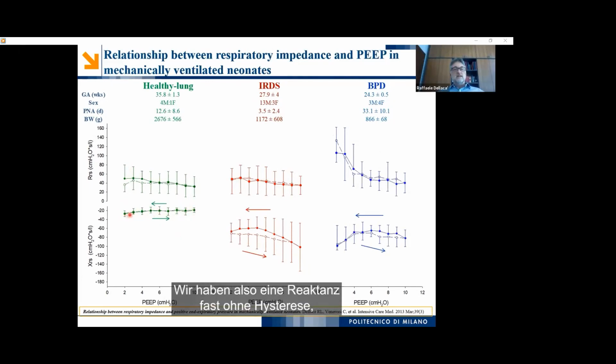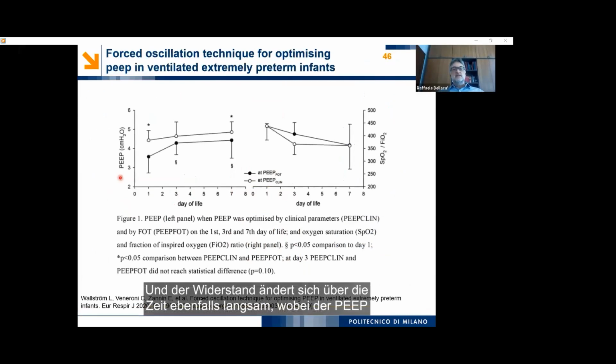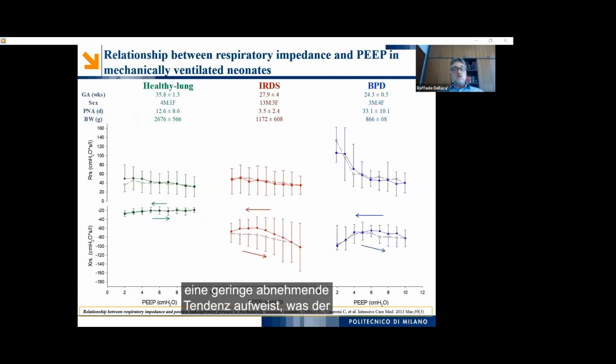So we have a reactance with almost no hysteresis, up and down are moving more or less on the same line, and the resistance is also slowly changing with PEEP, with a small tendency to decrease. That is the well-known effect of increasing airway diameter when we increase lung volume.